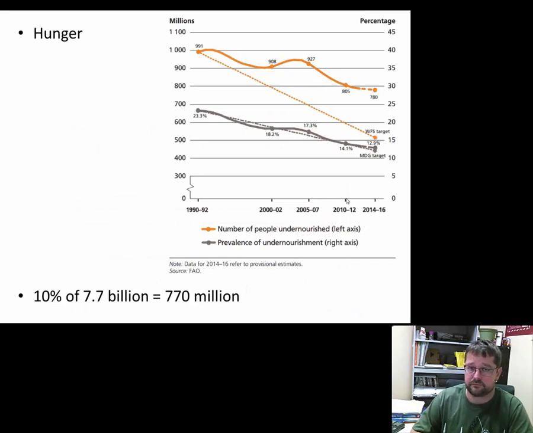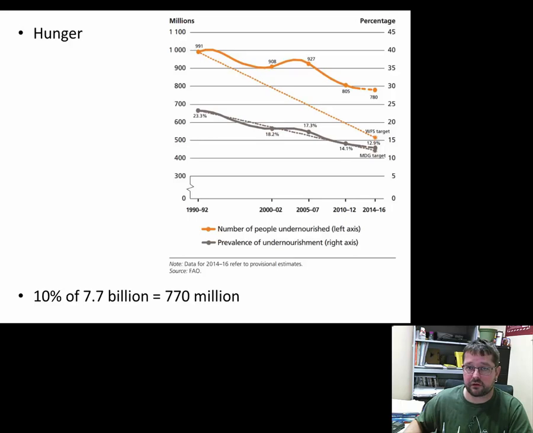Like hunger. If we look at hunger, we're actually improving on the number of individuals that are undernourished. This figure shows that in 1990 we were almost at 1 billion people, or 991 million people, faced with undernourishment.